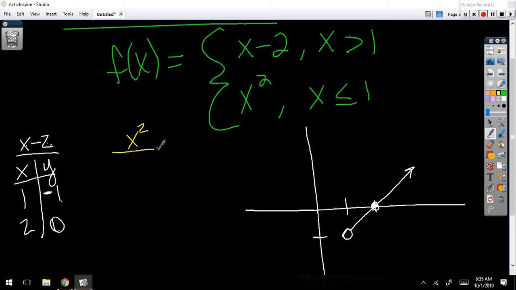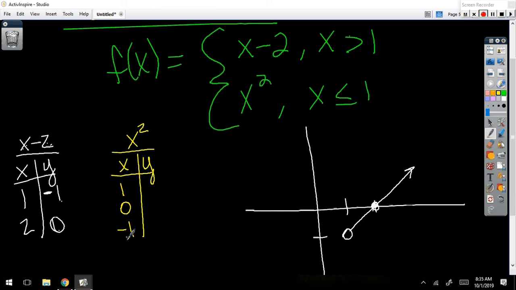I have x squared. What should I start with? Somebody said it. 1. And then I got to go down from there, right? Because it's less than or equal to 1. 0. Maybe negative 1. I don't know how many I'm going to need until I plot them and see what the pattern is here, right?